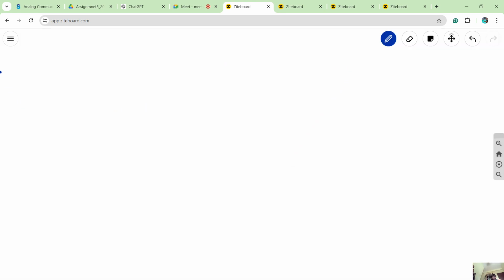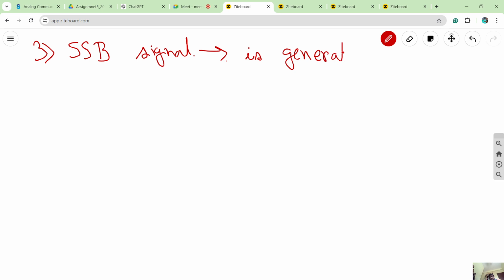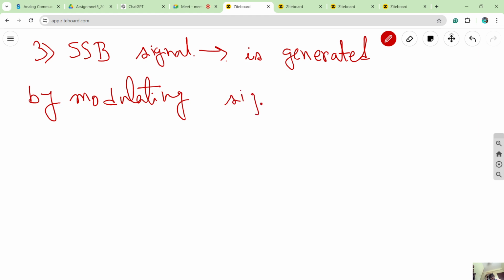Okay. The next question is this one. So there is an SSB signal, and this signal is generated by modulating a carrier signal of 1000 kilohertz.